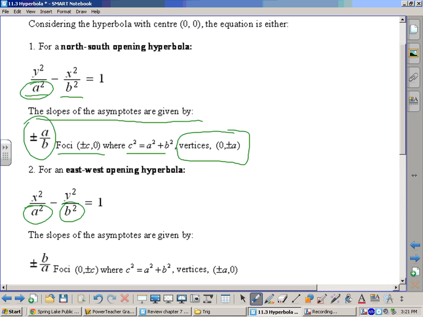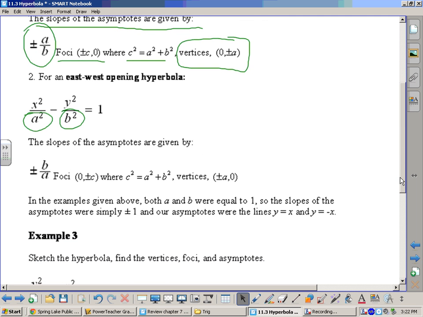It does not change a and b, just the x and the y switch, which changes the direction that the hyperbola will open. The same thing holds true for finding the slope, except for now a and b are flipped. So the slope of the asymptotes will be flipped for the problem.